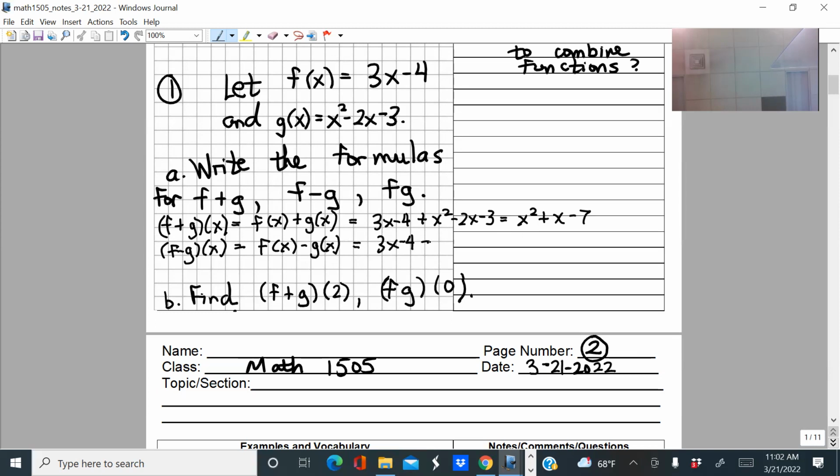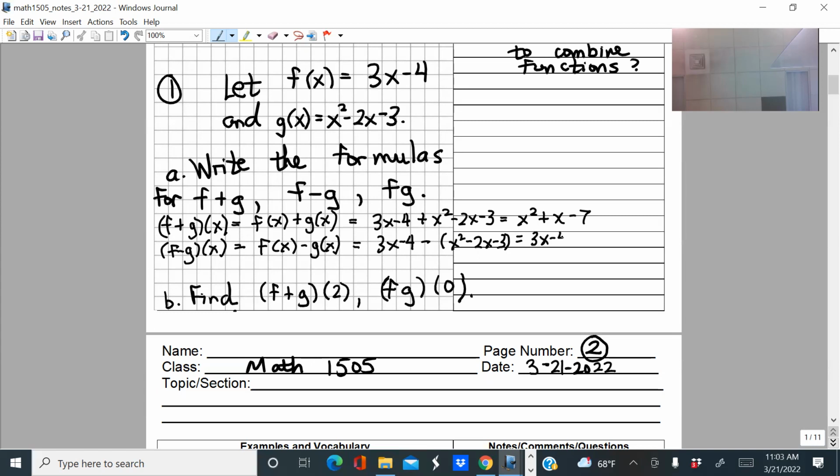Now we want to subtract off the formula for g. Make sure you subtract off the entire formula for g, or you're going to make a sign mistake here. So put the entire formula for g in parentheses. That formula for g was x squared minus 2x minus 3. Put all of that in parentheses, otherwise you'll get a sign mistake at the end.